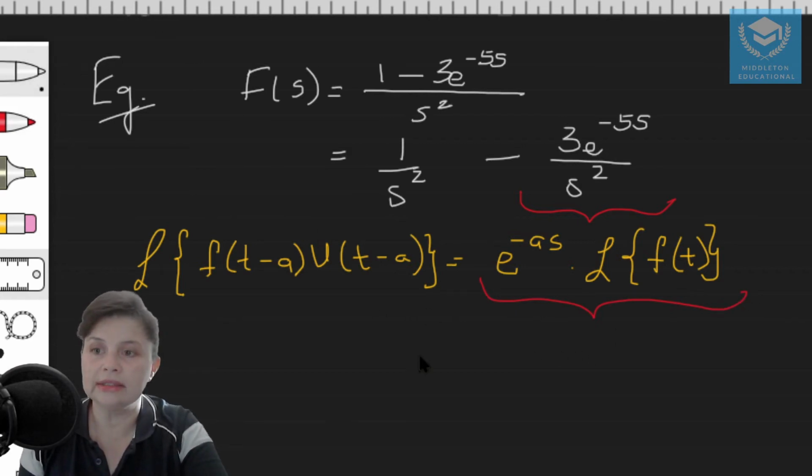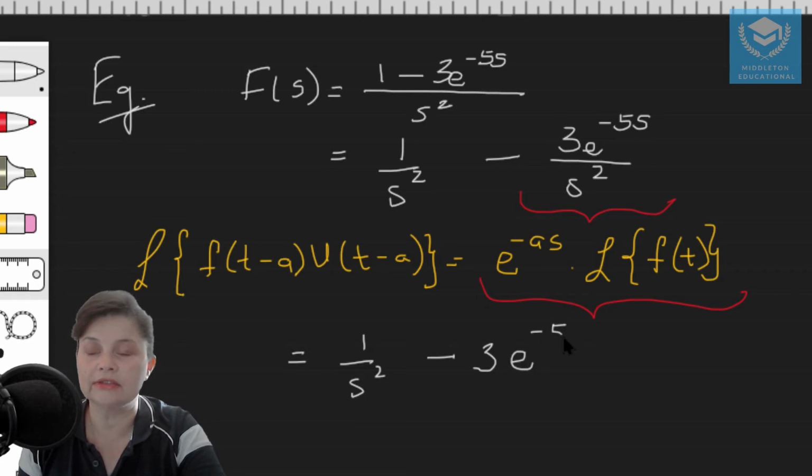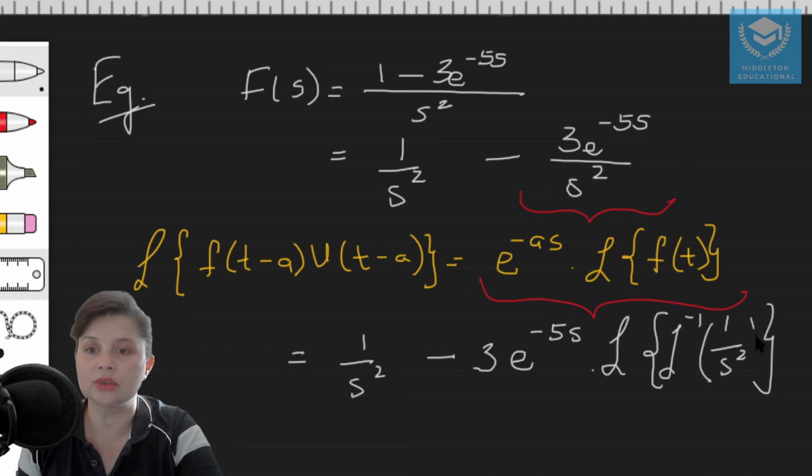And what that means is, if we write the first part out like that, we need to have the e to the power minus 5s on its own. So I'm going to put the 3 here, e to the minus 5s on its own. And then I'm going to need the transform of the inverse of 1 over s squared. That's what I want.